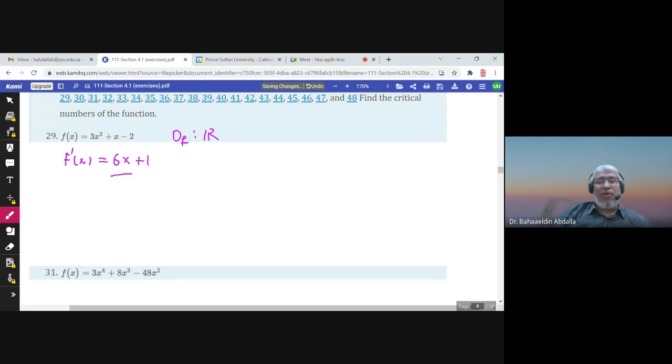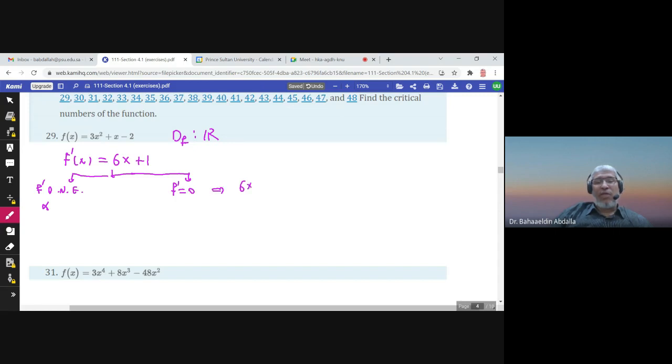And now we have to find when the derivative is 0 and when the derivative does not exist. So f prime is always defined, so it always exists. But I can make f prime 0.